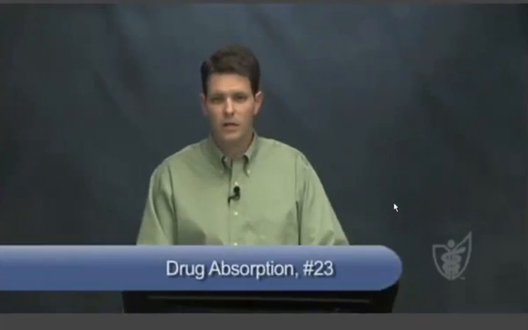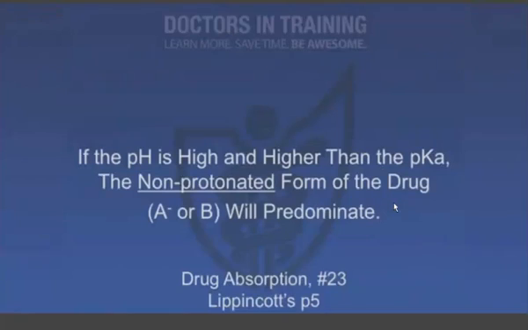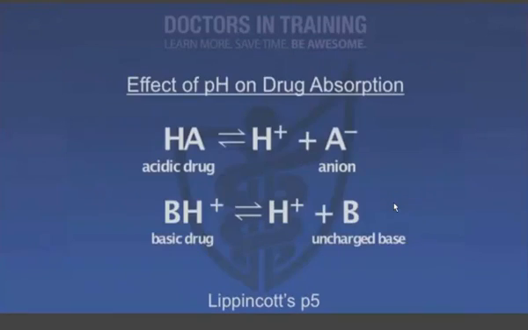Kind of to invert that, if you have an alkaline environment where the pH is higher than the pKa of the drug, the non-protonated version of the drug is going to be predominant. And so again, if you have an acidic drug, the non-protonated form is the anion, A minus, which is negative, and that is charged. So that acidic drug is not going to be absorbed in an alkaline environment.